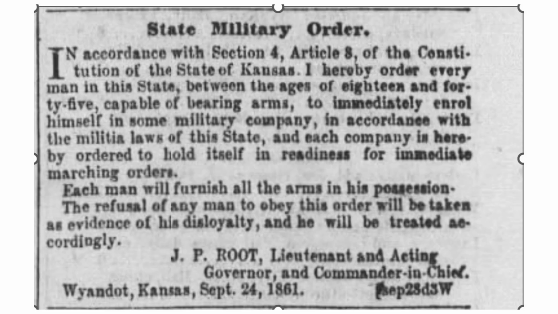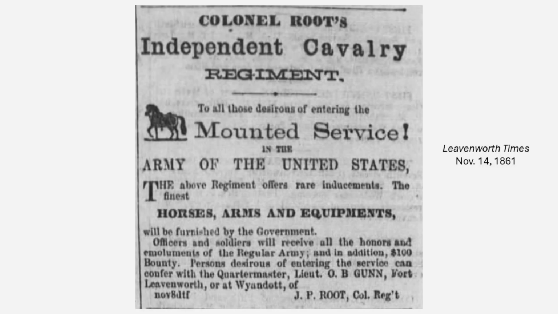In September 1861, the state of Kansas ordered all males between ages 18 and 45 and capable of bearing arms to enroll in military units and bring their guns. Refusal to obey would be considered evidence of disloyalty.